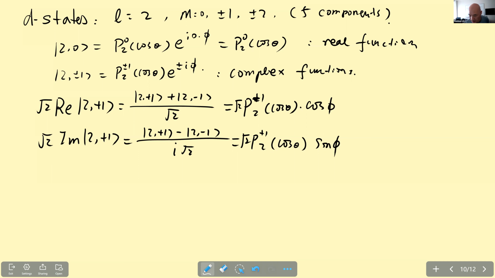And there are also larger magnetic quantum numbers.